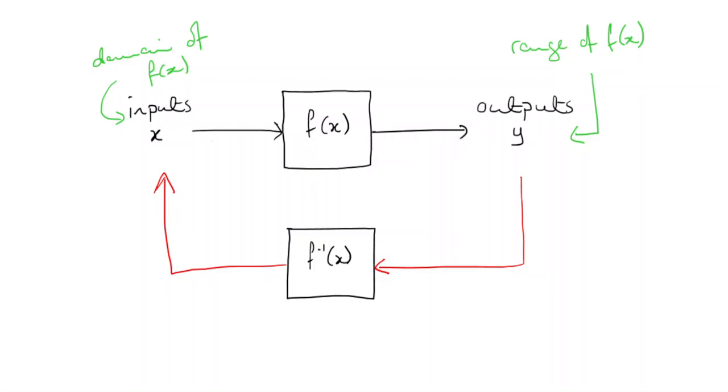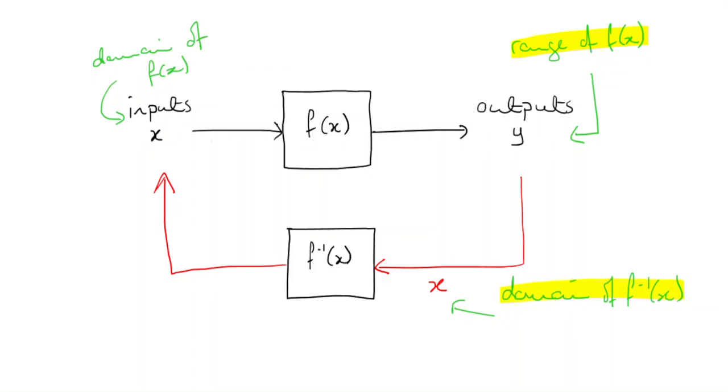But then what we said is, if the outputs of f of x become the inputs for the inverse function, then we should expect that the domain of the inverse function should be the same as the range of the original function. In other words, the range of the original function should be the domain of the inverse function.